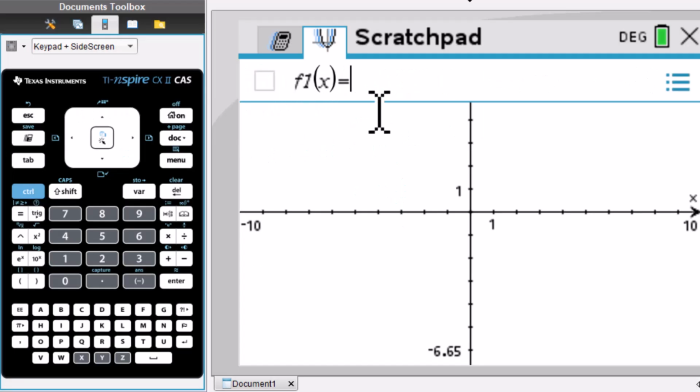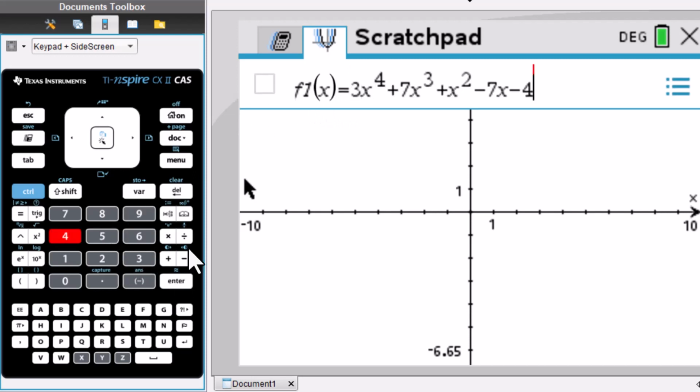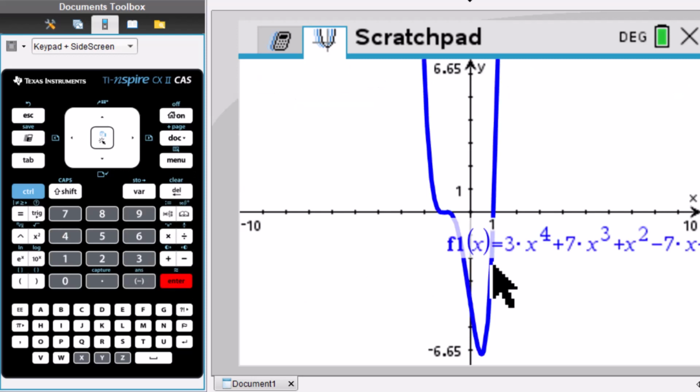We will put the function into f1 of x. Then enter. For this graph, you need to figure out what's going on here. This is from negative 10 to 10. Each of these is 1. So we can set up from negative 2 to 2.